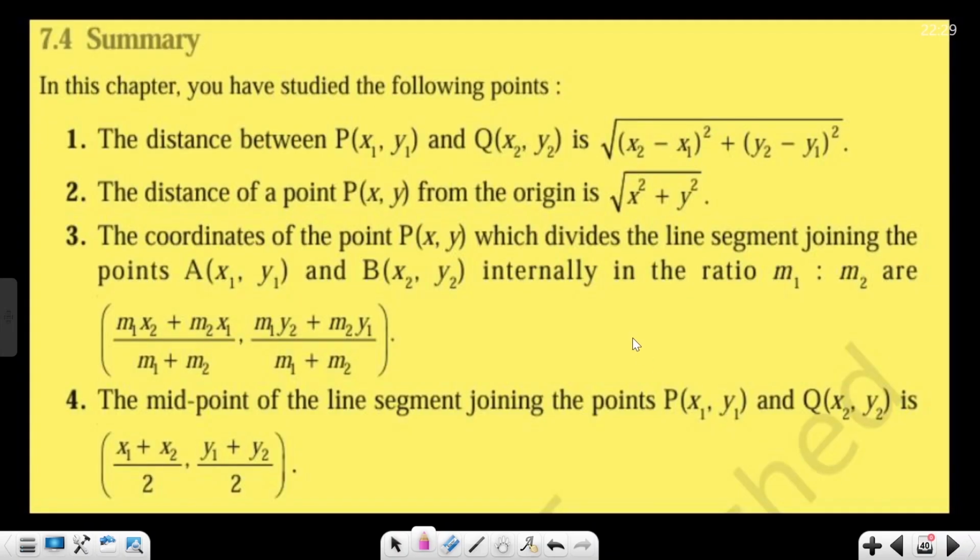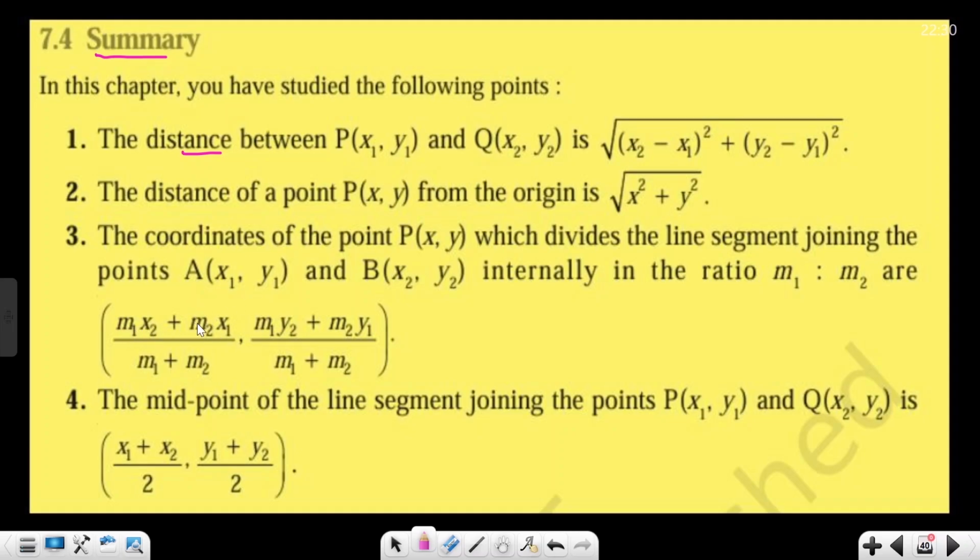Thank you. Now a summary of the chapter. We studied the distance between P and Q. The formula is root of x2 minus x1 whole square plus y2 minus y1 square. Distance of point P from the origin. Origin coordinate is 0, 0. That's why it is root of x square plus y square. The section formula is what? mx2.